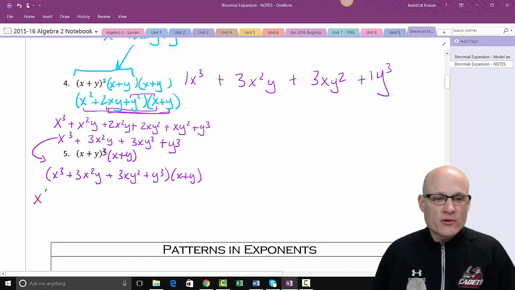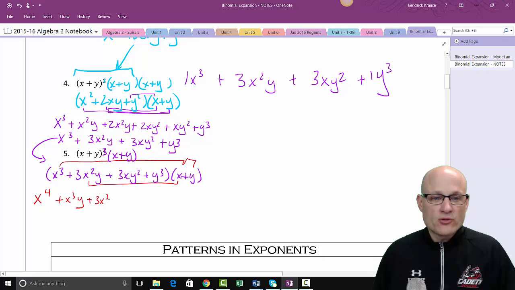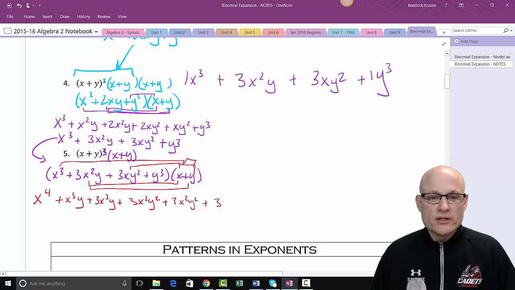So I get x to the 4th, and then x cubed y, and then plus 3x cubed y plus 3x squared y squared plus 3x squared y squared plus 3xy cubed plus xy cubed plus y to the fourth.